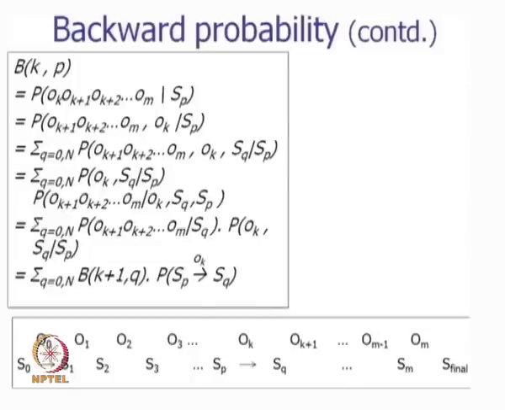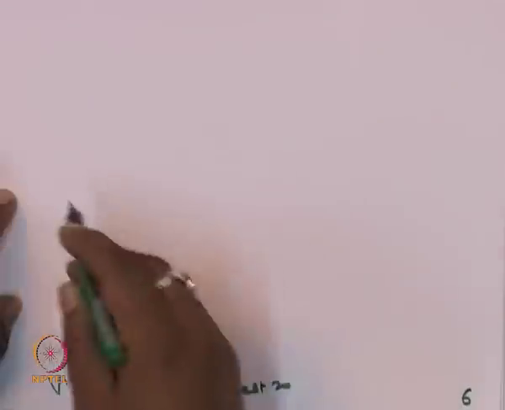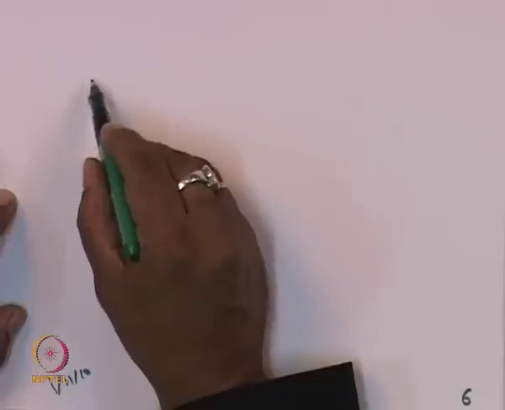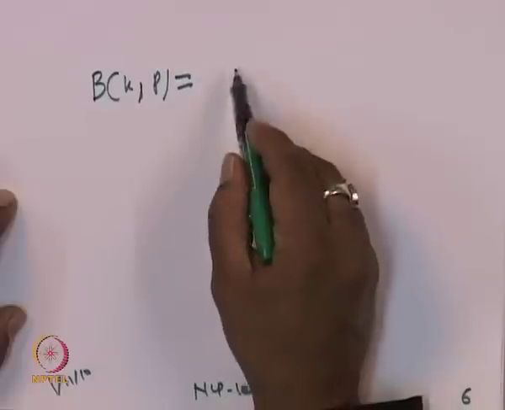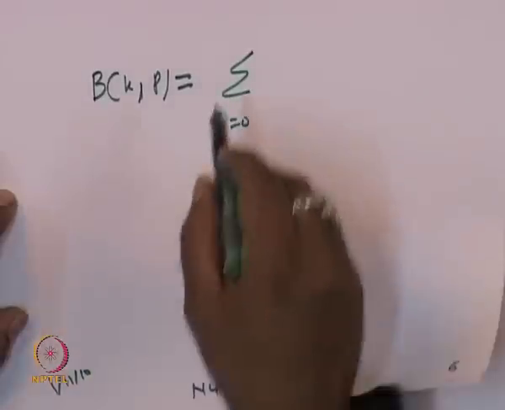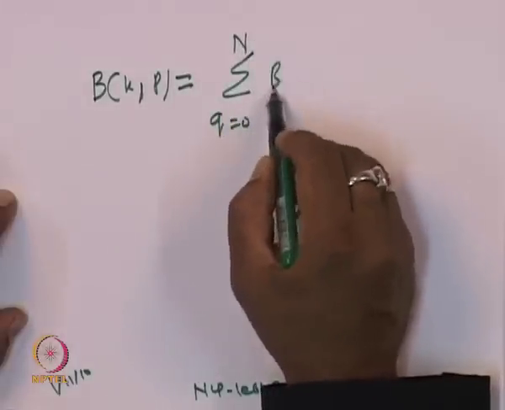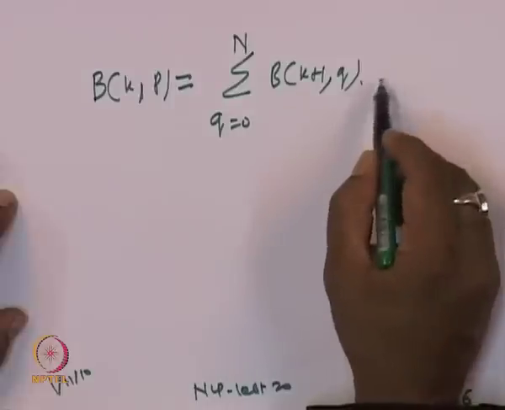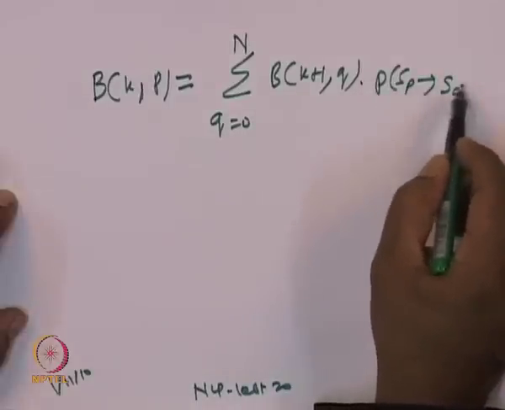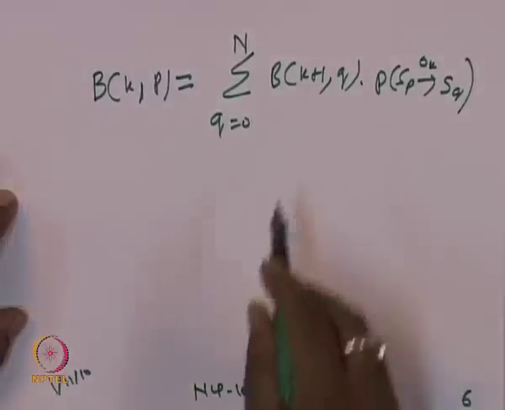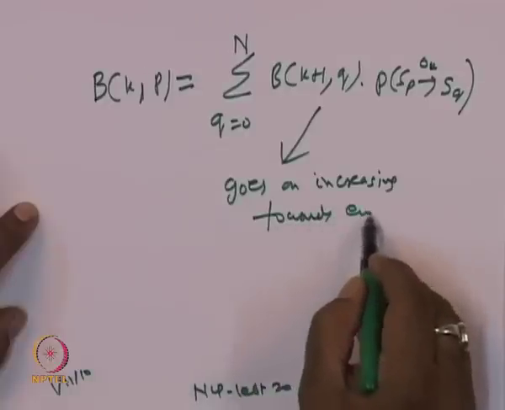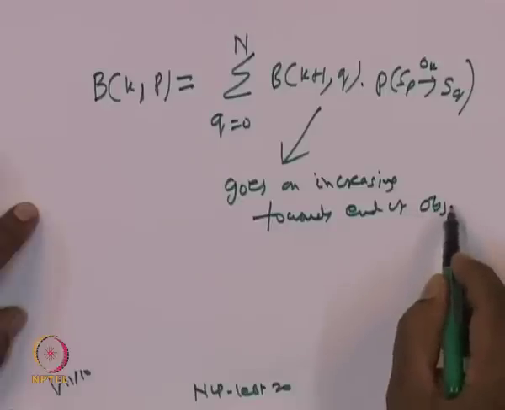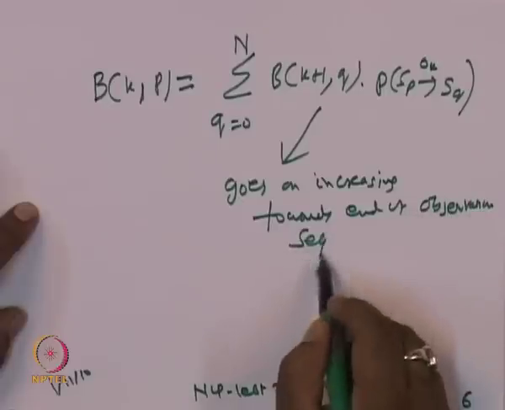One point needs completion, which is that the backward probability needs a boundary condition. So, BkP we have seen is equal to the sum over q equal to 0 to n of Bk+1(q) into P(SP to SQ with Ok), and this k+1 goes on increasing towards the end of the observation sequence.